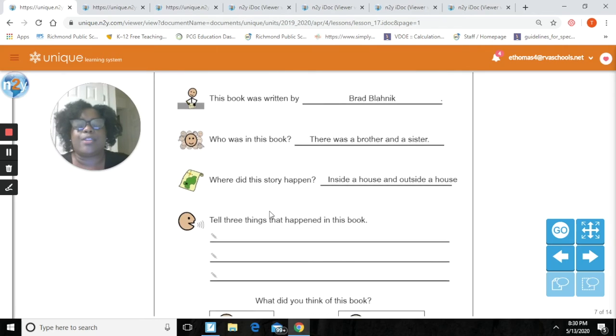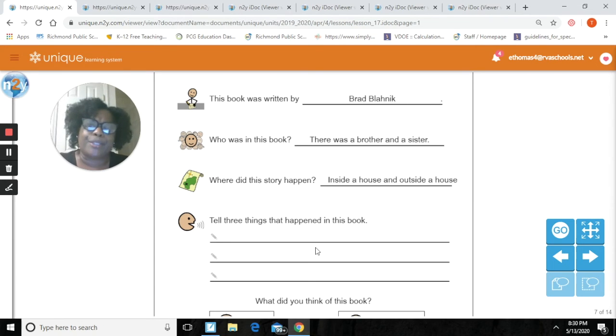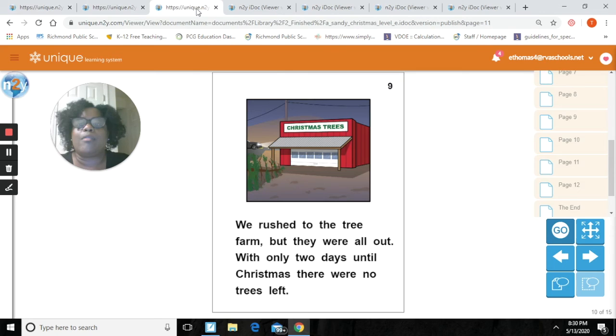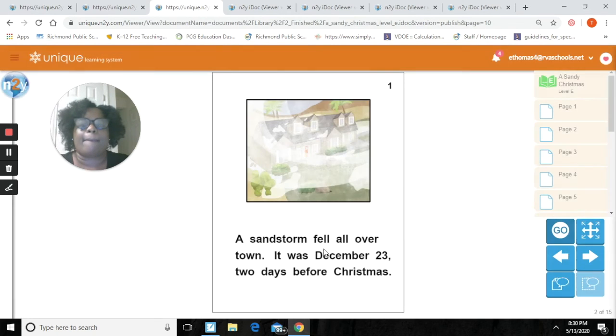Okay, let's move on down. So it says, tell 3 things that happen in the book. Think about 3 things that happen in the book, and you can write down your 3 things, and then I'm going to tell you what my 3 things were. So when we go back over to our story, there was a sandstorm, right?